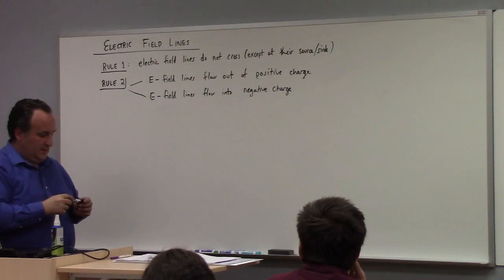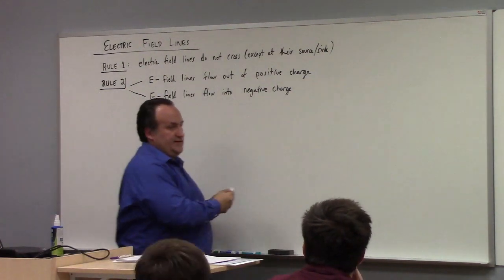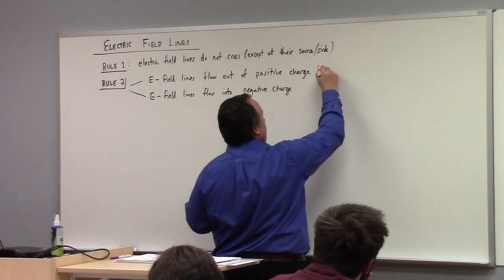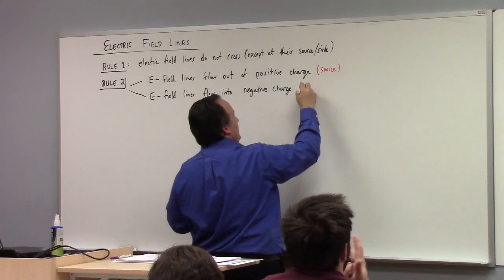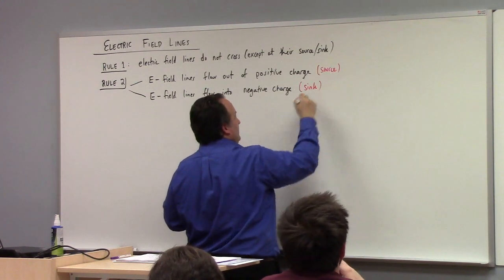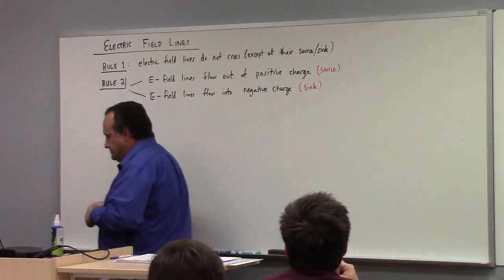All right. And so we think of a positive charge as a source of field lines, and negative charge as a sink of field lines.